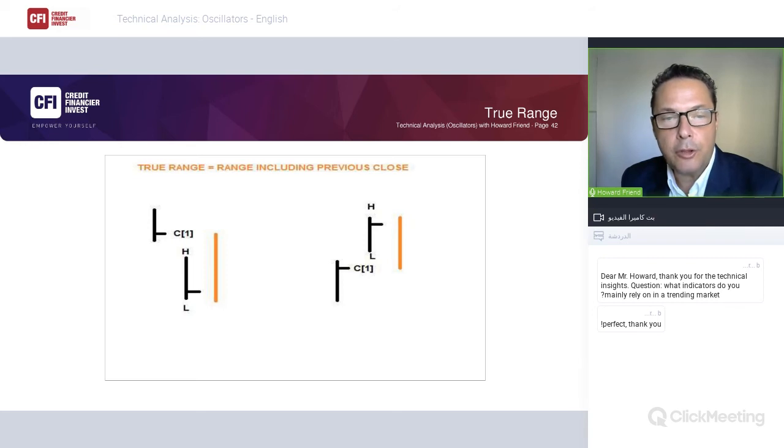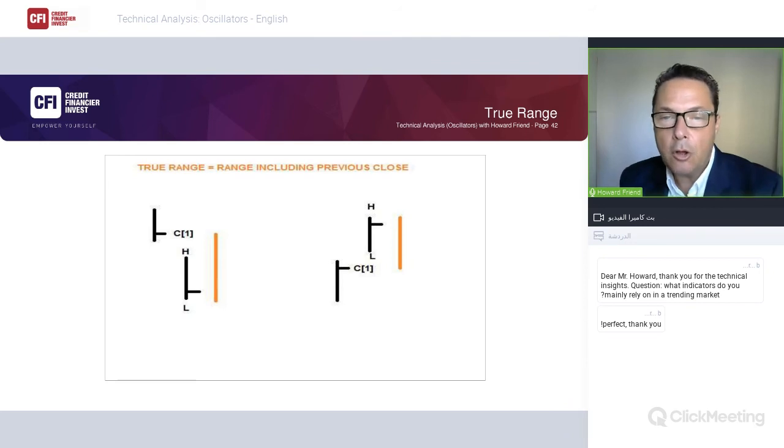So what we do is we take the close of this bar, and the highest one becomes the high of the true range, and the lowest one, which is the low, becomes the low of the true range. So the true range you can see here is actually bigger than the previous daily range, and that's what goes into the calculation of average true range.